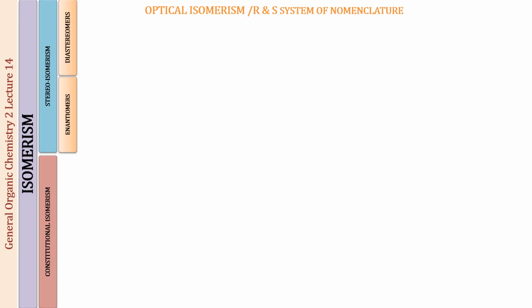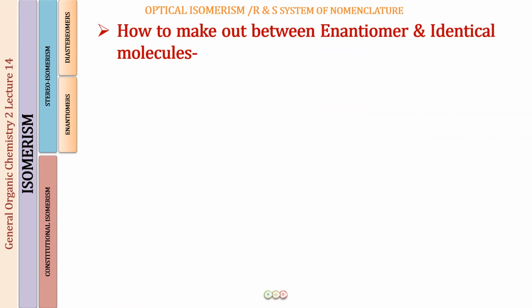Now you know how we are going to write the name of the compound, whether it is going to be the R compound or it is going to be the S compound. This is going to be beneficial to us obviously to give a separate identity to both the enantiomers or to both optical isomers for a compound. But this is going to be also helpful to you people to differentiate between enantiomers and identical molecules.